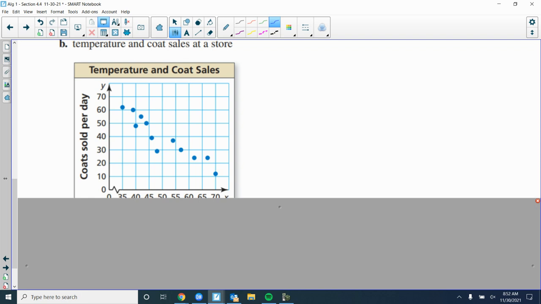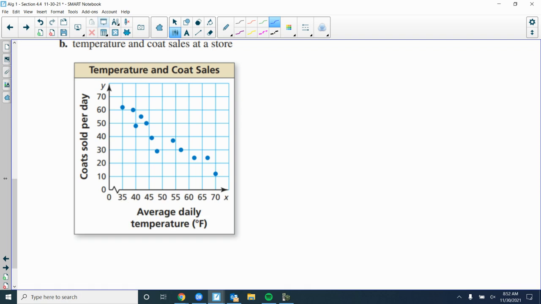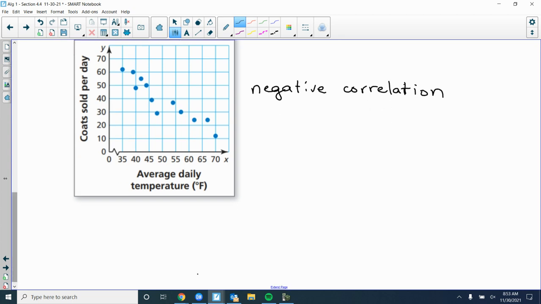So it goes up, you're not really buying a lot of coats. If it's cold, people are like, I'm cold, I need a coat. Negative correlation. Okay, so that would be negative, and the graph also indicates that.